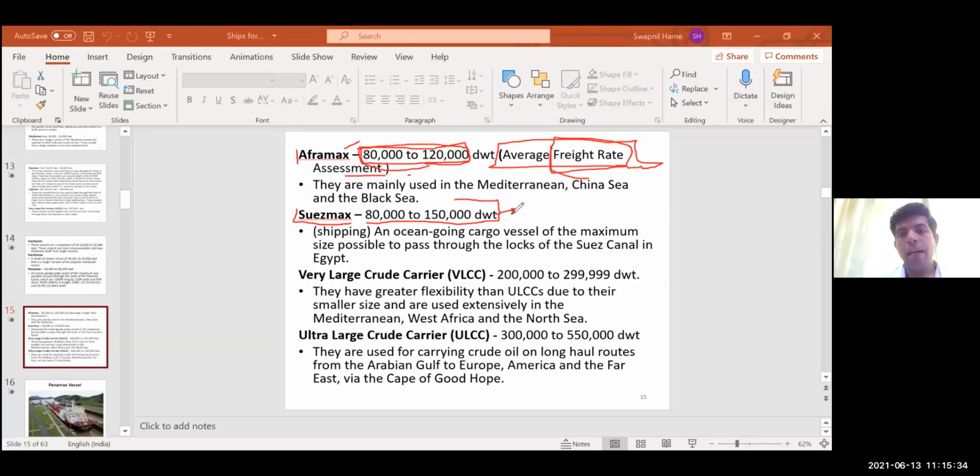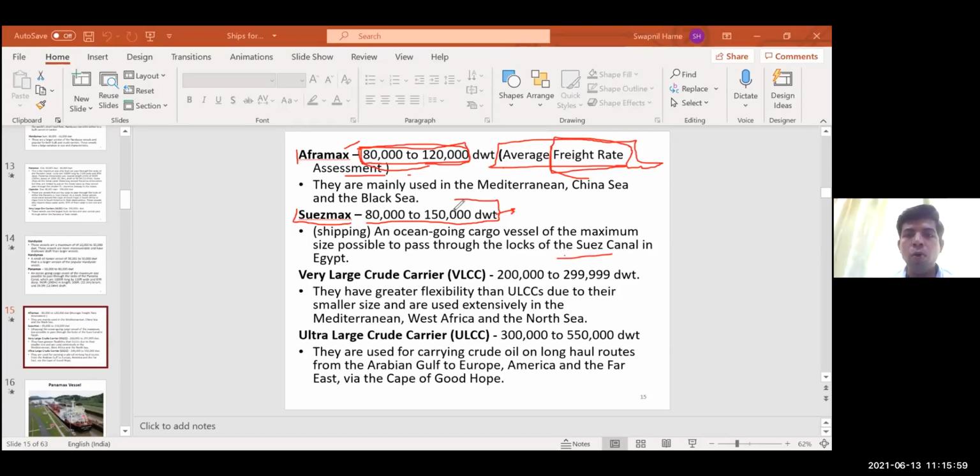In the month of April or March end, there was an issue, if you remember: a giant container vessel, triple size, more than 400 meters, ran aground in the Suez Canal, and the trade was stopped for 7 days, if you can recall. So the size of the Suez Canal has increased now.